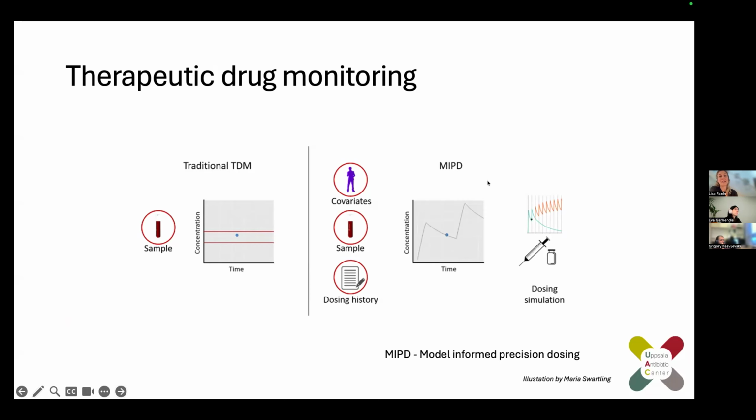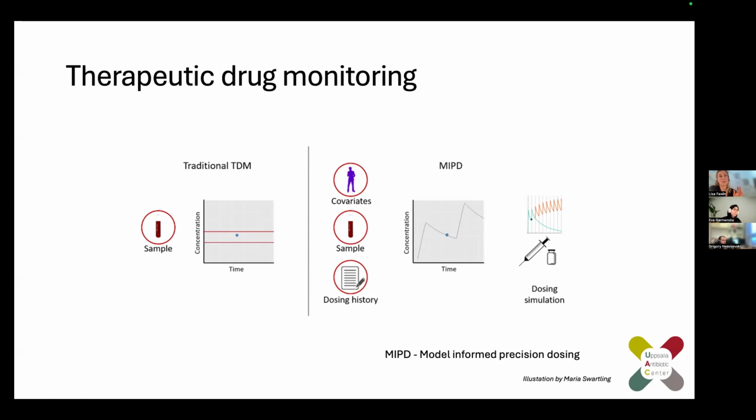But with MIPD, the model-informed precision dosing, you need a population PK model for the population that your patient belongs to, for example, a septic patient or endocarditis patient.